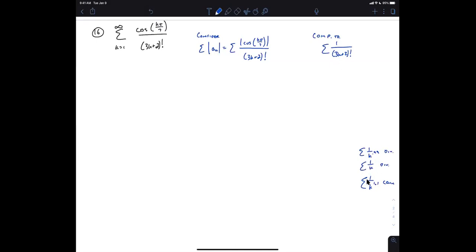The rationale is that the bottom gets bigger faster, so these terms get close to 0 fast enough for the sum to converge. These do not get close to 0 fast enough, so the sum diverges. So if you think logically, 3k plus 2 factorial, factorials grow faster than basically any other function that we've got. They're going to grow way faster than k to the 1.1. So if you have 1 over that, that's going to converge.